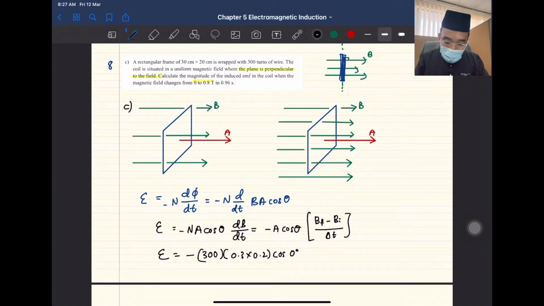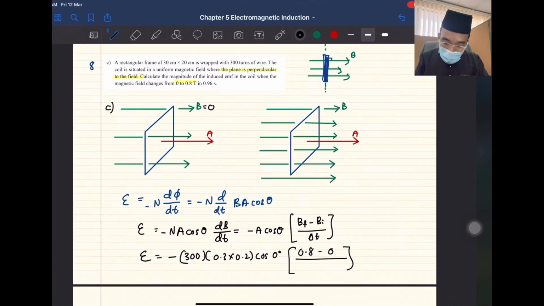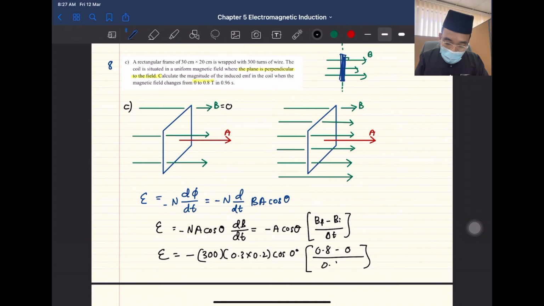And then this one will be final minus initial, which is 0 to 0.8. Actually it was originally not there, so maybe my drawing is not really accurate. Just write it over here. The time taken is 0.96.